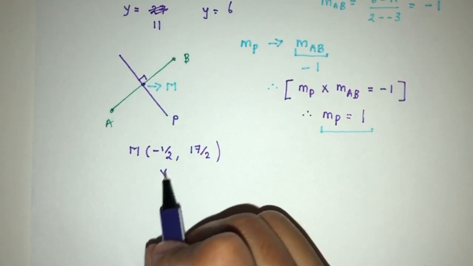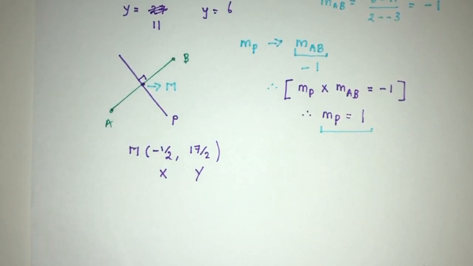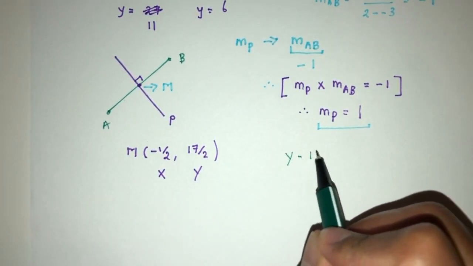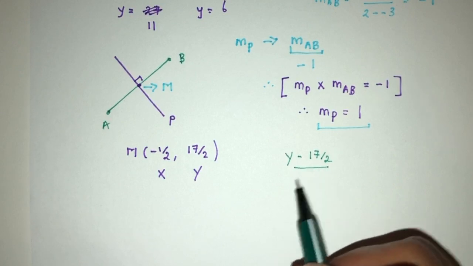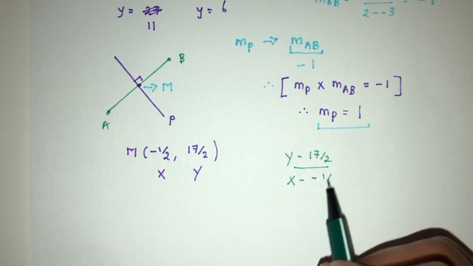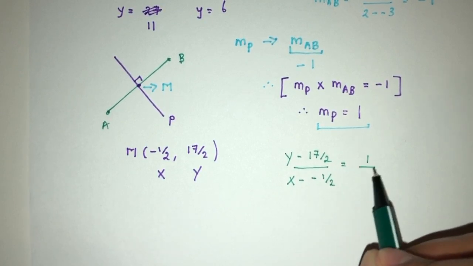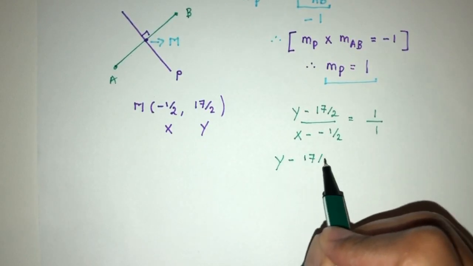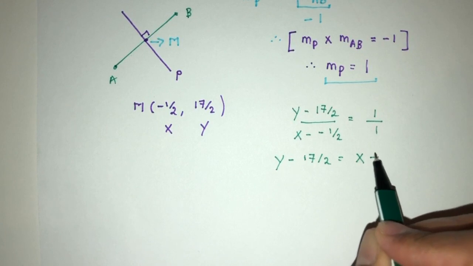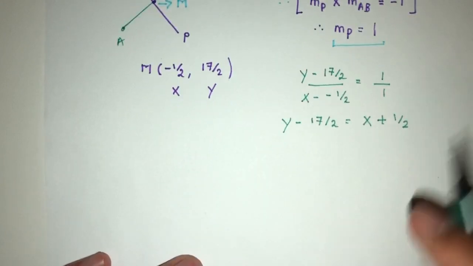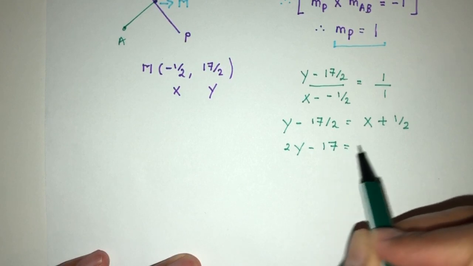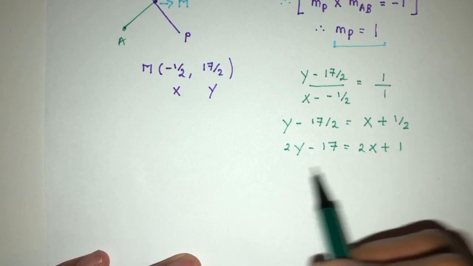We use this to find the equation of P. So (y - 17/2) over (x - -1/2) should be 1. Let's cross multiply. You will have y - 17/2 = x + 1/2. Let's multiply everywhere by 2. You will have 2y - 17 = 2x + 1.